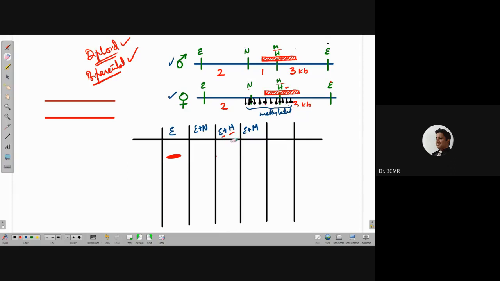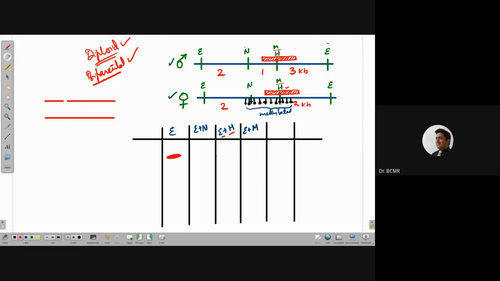NotI is methylation sensitive. Okay, methylation sensitive means if it is methylated, it cannot cleave. If it is not methylated, it can cleave. So in the paternal allele, it is not methylated, so it will cleave. In the maternal allele, the region is methylated, because of which it cannot cleave.